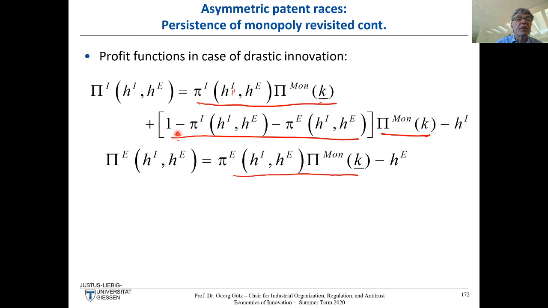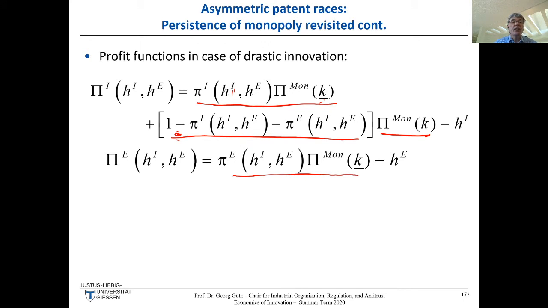What that means is you increase the probability to be first and to have the innovation, but you also increase the probability that there is an innovation, and that is you cannibalize your own profit, which you get if no one is successful.